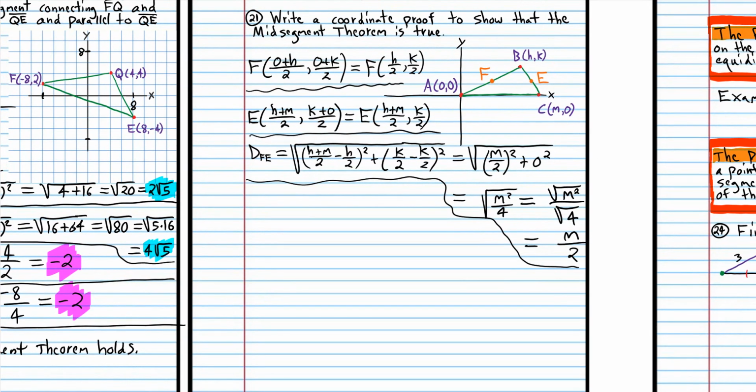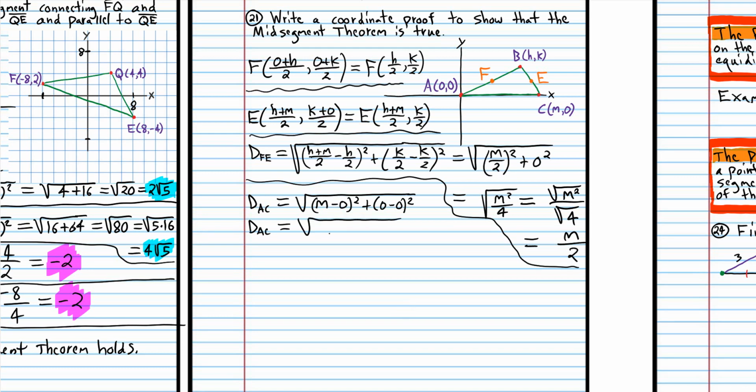So now we're going to find the length of AC, the distance between points A and C, using A as point 1. We have m minus 0 squared plus 0 minus 0 squared. So this is going to be really easy.